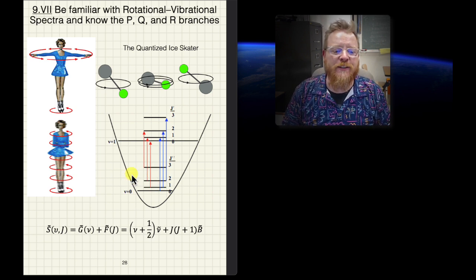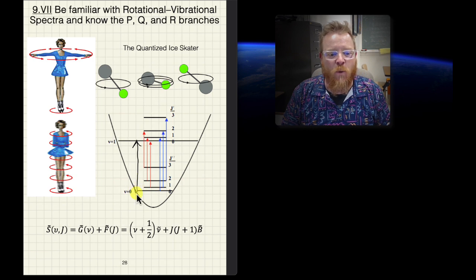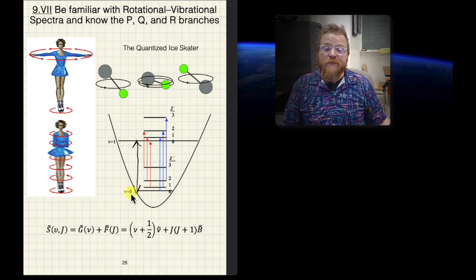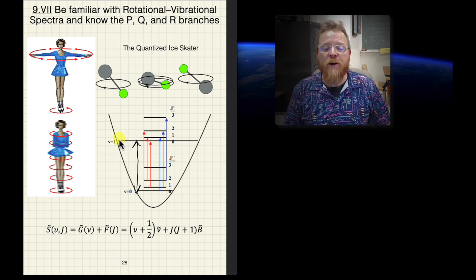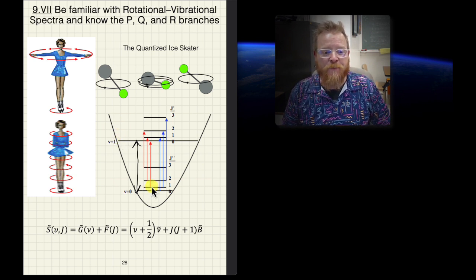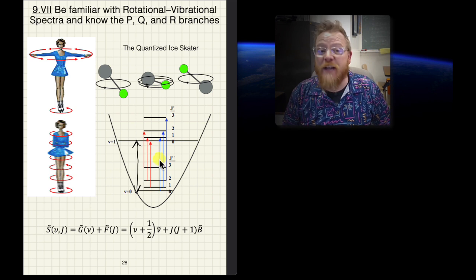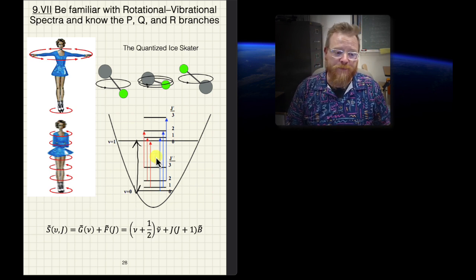So we recognize in a normal FTIR spectrum, we're really just probing the fundamental transition, from 0 to 1 and vice versa. However, these gas molecules will inadvertently excite the rotational levels as well.